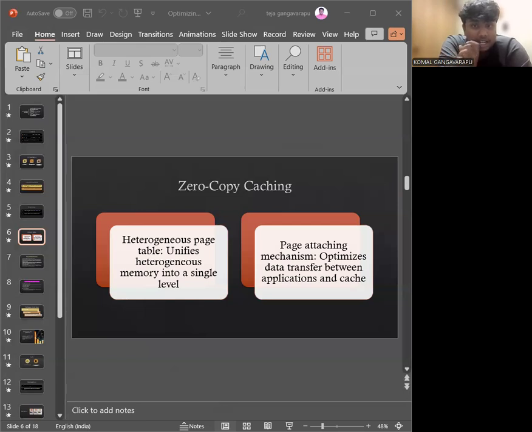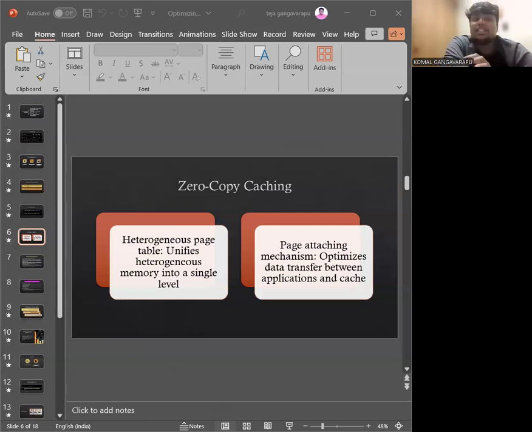This unified approach simplifies memory management and allows for direct access to data regardless of whether it resides in the DRAM or persistent memory. By treating the combined memory resources as a single level, the system can more efficiently utilize available memory, reducing the complexity and overhead associated with data movement between the different memory types.